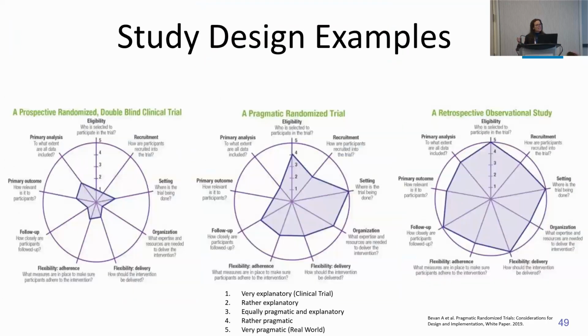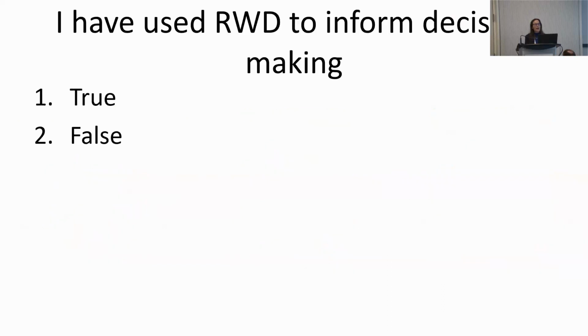Here you see on the far right an observational study, on the far left a trial, and the context of how one can be very pragmatic or very explanatory. Where I think we're going to be is in the middle, thinking about how pragmatic elements can be introduced to allow this hybridization of pragmatic elements, clinical trials, and the meld with real-world data. In other words, the ability to conduct trials in routine clinical practice, and hopefully further the learning healthcare system.